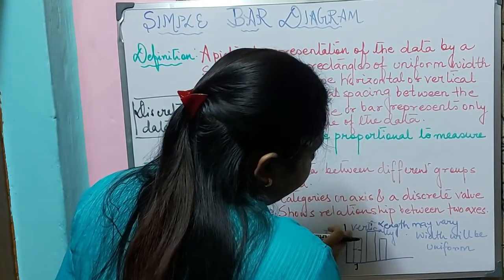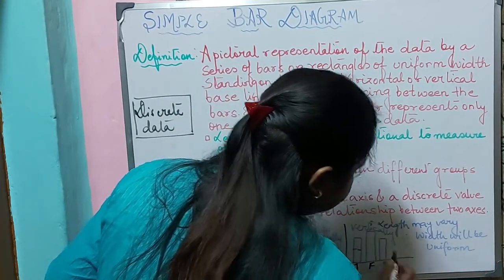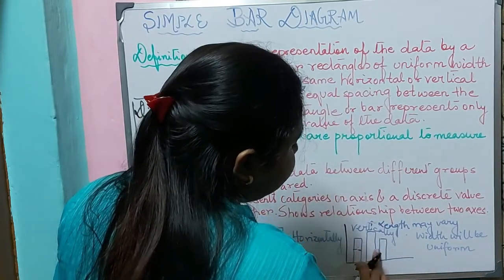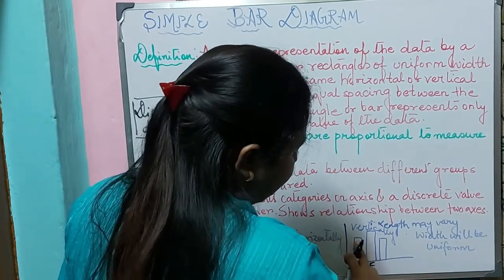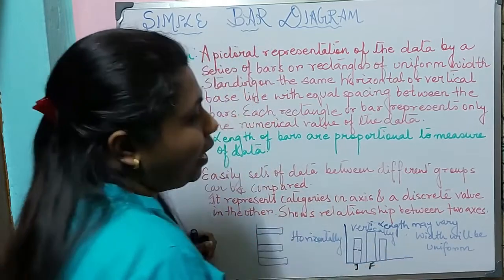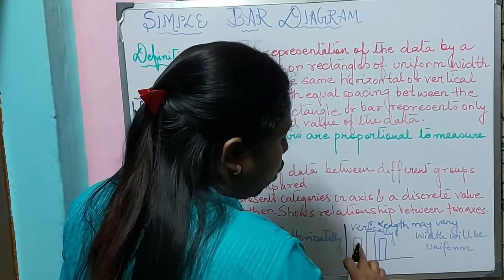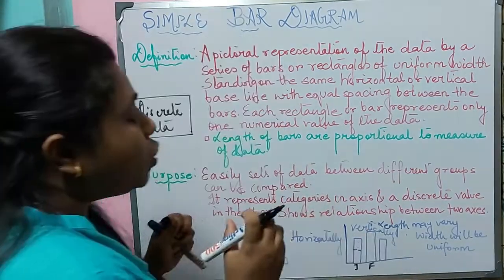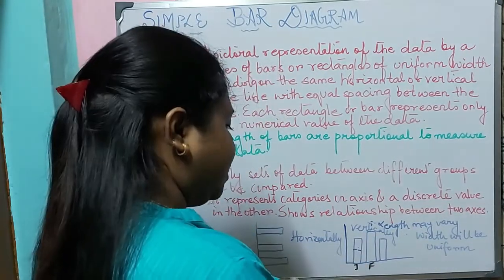If the bar is at this length and the bar for February is at that length, that means we can differentiate easily. Suppose we are doing a bar diagram for rainfall. So maybe in this month, the amount of rainfall was low compared to this month. So we can easily show the relationship between the two axes, right?